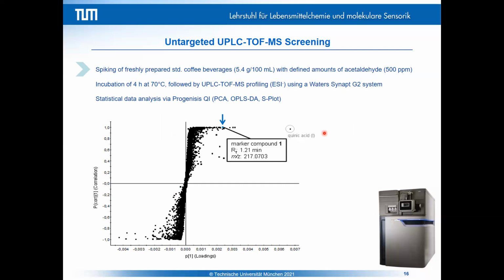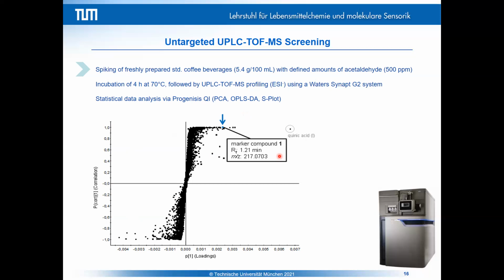If the feature exhibits high X and Y axis values, this means that it contributes significantly to the overall difference between treated and non-treated, between coffee with acetaldehyde and coffee without acetaldehyde addition. We then took a look at several of the marker compounds, which are located over here. And I want to focus today mainly on this one marker compound marked in blue with an accurate mass of 217 m/z.